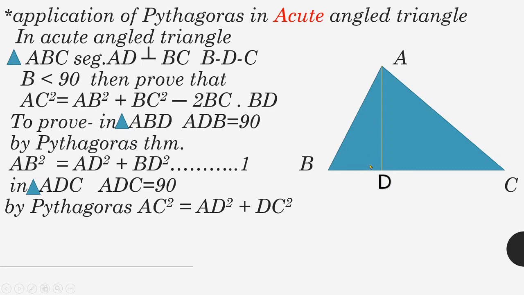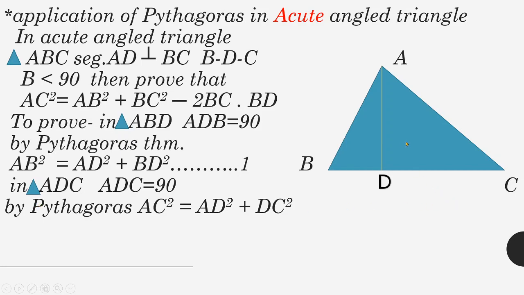So we are going to use Pythagoras theorem. By using Pythagoras theorem, AB square is equal to AD square plus BD square. This is our equation 1.